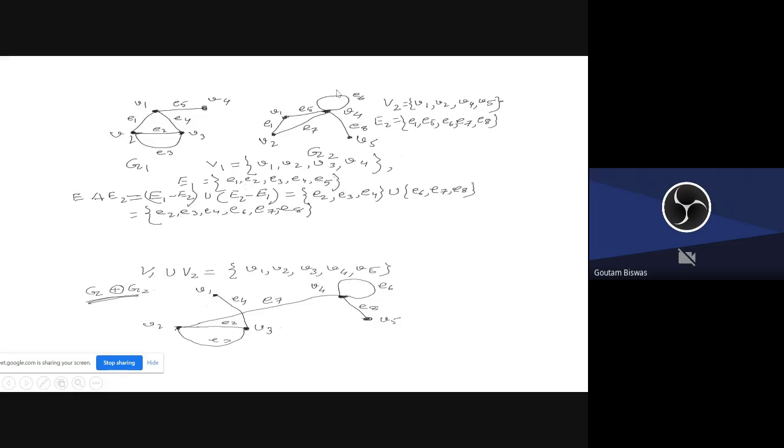Similarly, you have to draw the other graph on this rule. Then you have to find G1 ring sum G2, which is nothing but this edge set and this vertex set, and you draw the graph according to the rule. So this is the answer.